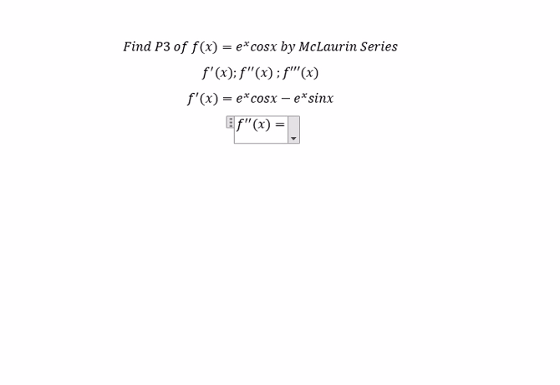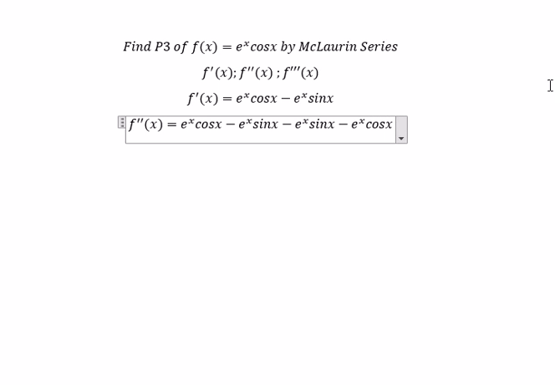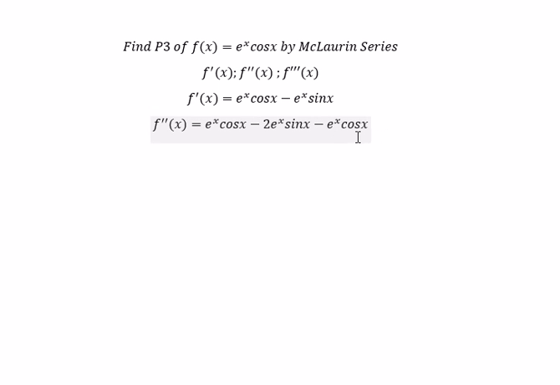So you get e to the power of x cosine x minus e to the power of x sine x, minus e to the power of x sine x, and minus e to the power of x cosine x. This gives negative 2 e to the power of x sine x, and then we cancel the other terms.